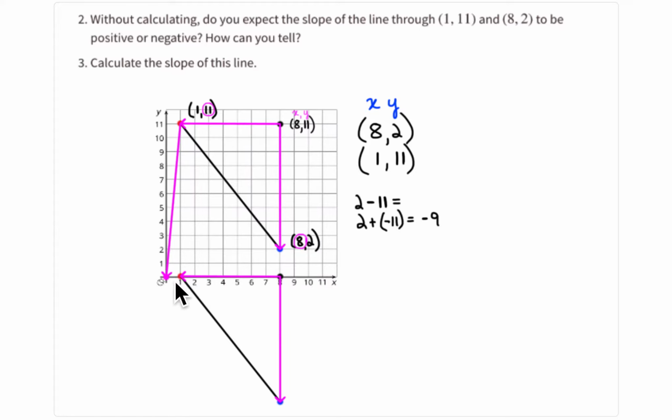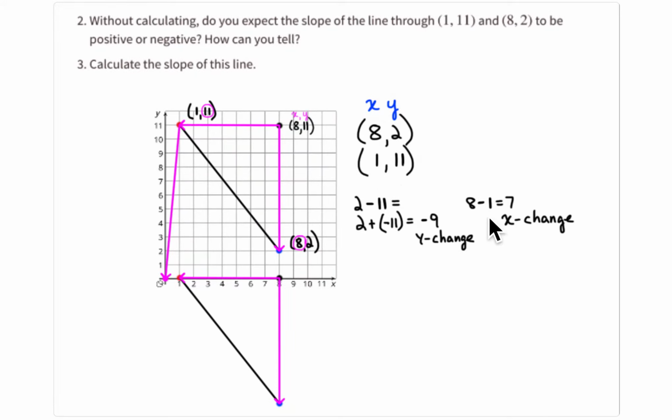We slid it over just 1 unit. I'm sorry, the change is going to be a positive 7 units because we subtracted that 1 unit. Sorry about that. All right, so 8 minus 1 is going to give you the change in the x value.